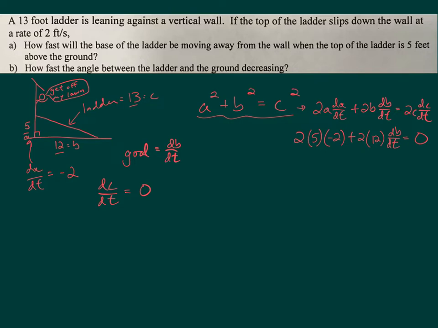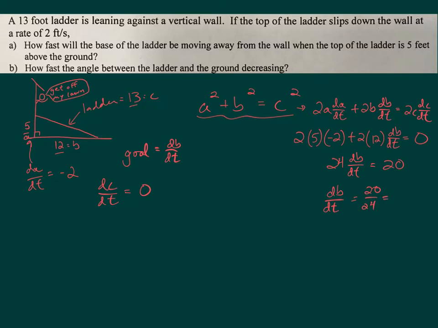So that means we just multiply all this together, get negative 20, add it to both sides and get 24 dB/dt equals 20. And then to divide by 24, we will have dB/dt equals 20 over 24.